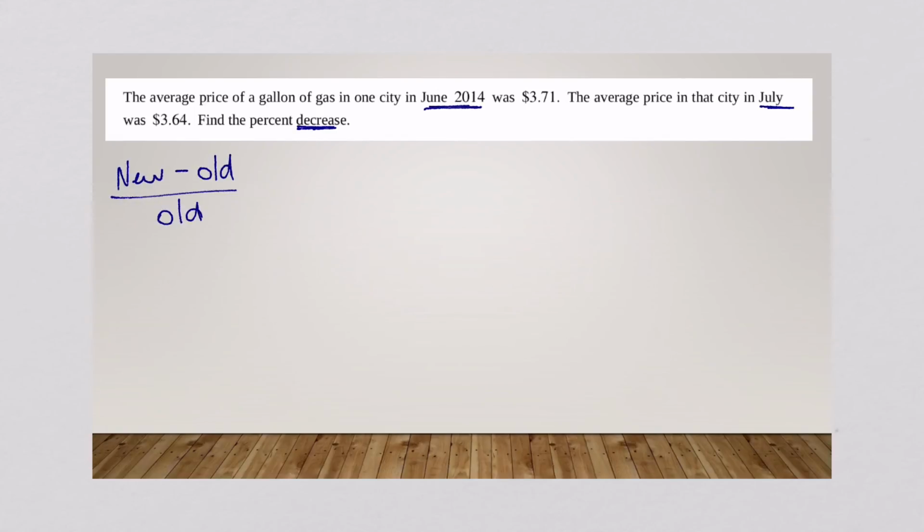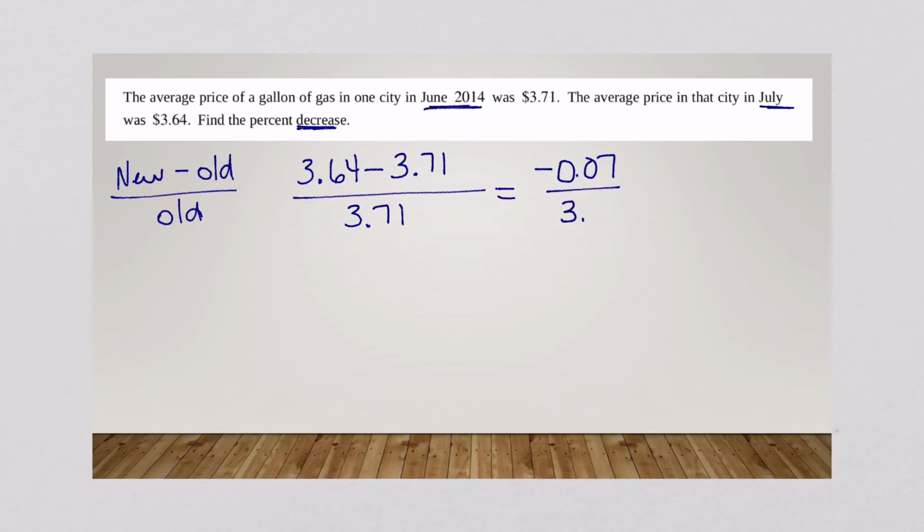So July is going to be our newest amount, so 3.64 minus the old, which is 3.71, and we divide by the old, and the old would be the June price. So on my calculator I would do 3.64 minus 3.71, and I get negative 0.07 over 3.71, and then I divide.